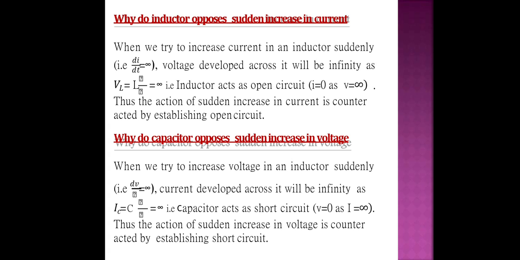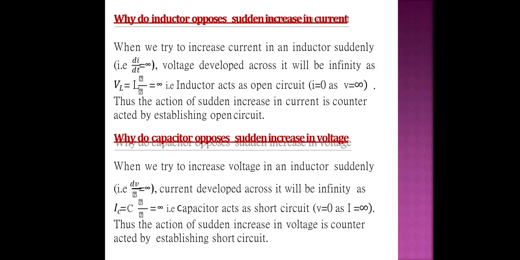At this moment the capacitor acts as a short circuit, the voltage must be 0, and the current tends to infinity. Thus the action of a sudden increase of voltage is counteracted by establishing a short circuit for the capacitor. This is why we study transient responses, which are useful in energy storage circuits, with sudden changes in current and voltage in inductance and capacitance respectively.